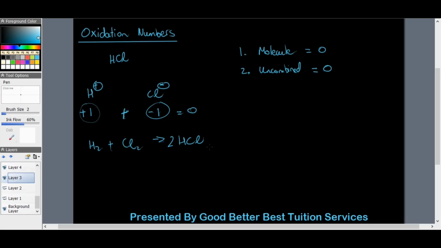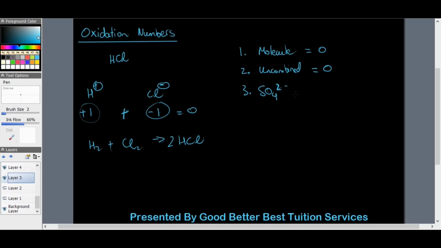If I have the oxidation number of an ion of an element, that means that if I have, for example, Cl minus, just for example, or if I have, for example, SO4 2 minus, then the oxidation number of an ion or element is the same as its charge.